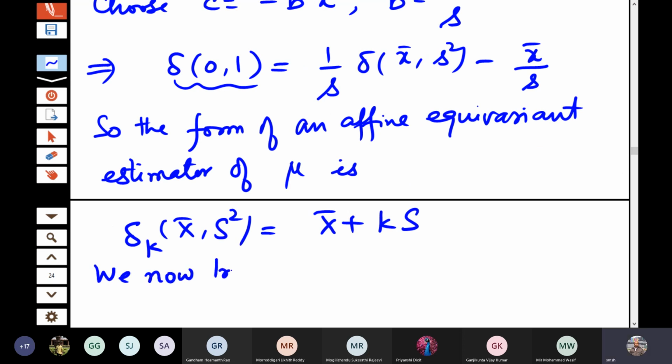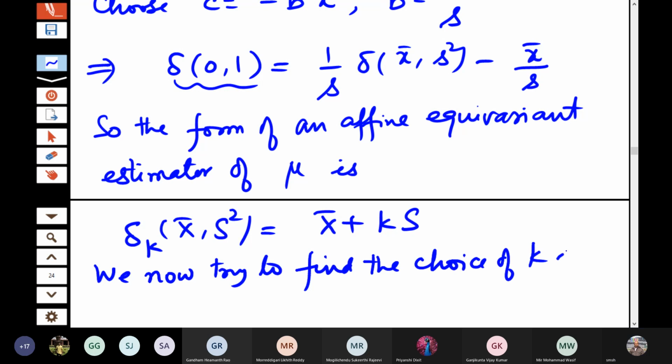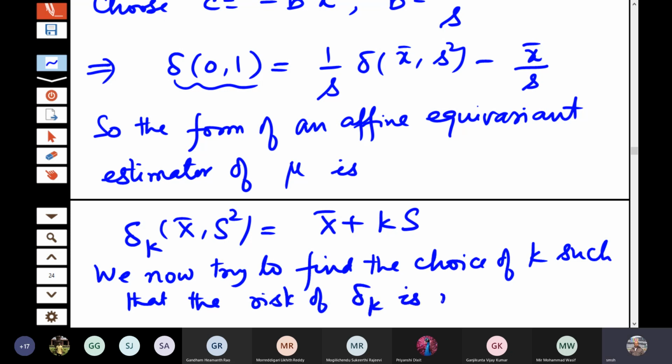That means we can consider, we now try to find the choice of k such that the risk of delta k is minimized.